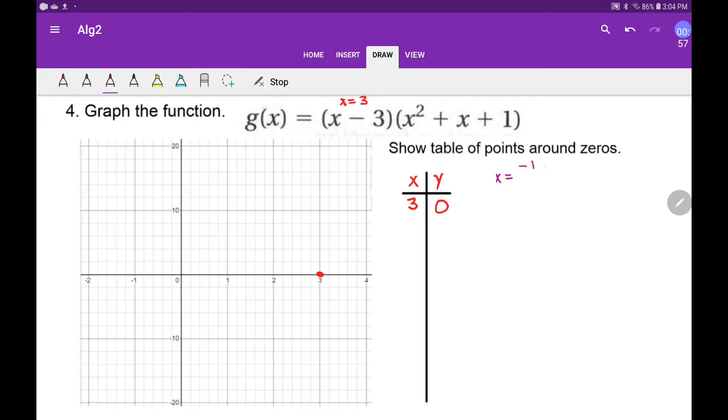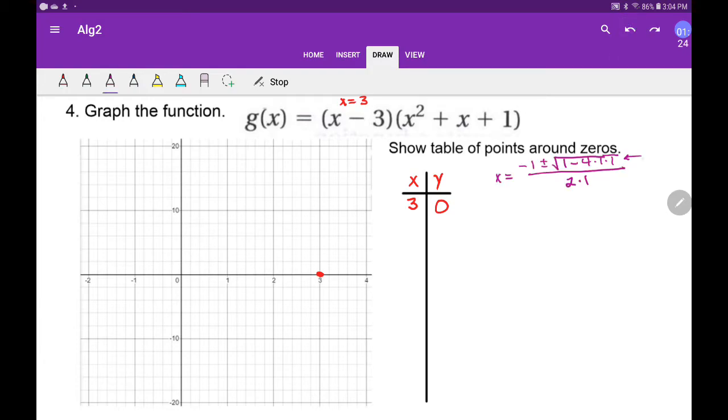Well, minus 1 plus or minus the square root of b squared, which is 1, minus 4 times a times c. The discriminant underneath the radical there is a negative 3. Okay, that's imaginary. Why go further? It's imaginary, so I'm not going to get any real roots. It's not crossing.